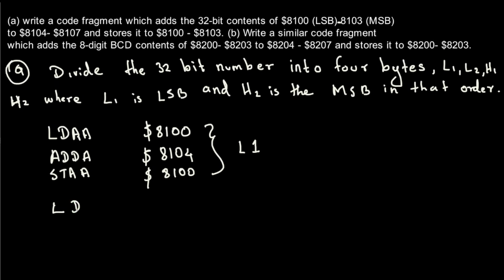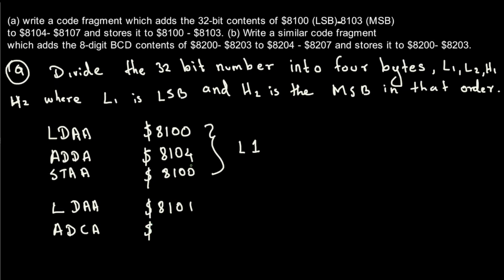LDAA, and the next digit of this one is 8101, and then ADCA. For the second one we have to use ADCA. The first one we can add directly because we don't have any carry, but for the second one we have to deal with the carry, so we use ADCA, add with carry to A. Only the first one is ADDA.